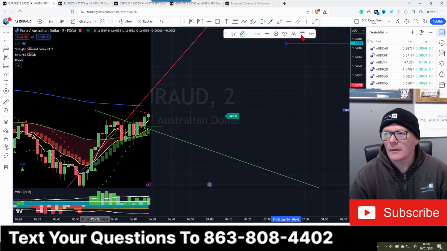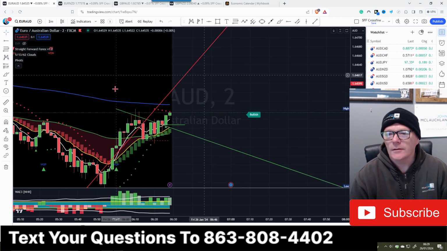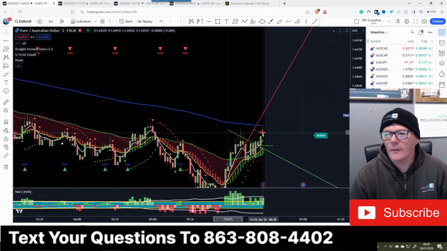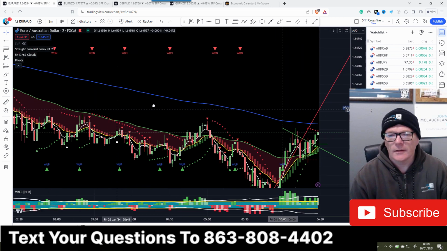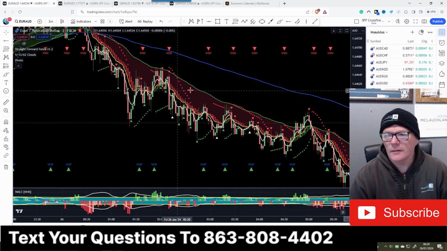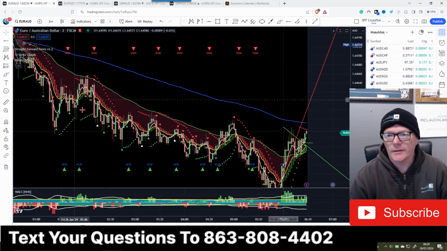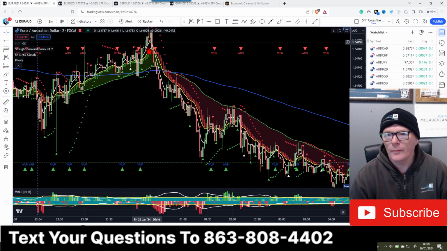So if we looked at this, then we've got to go and look left and go, okay, where did price previously go to? Well, it went to there, but that is in conjunction with the 200 moving average, as is kind of this area here. Then we've got this big push, and we've got imbalance up here.